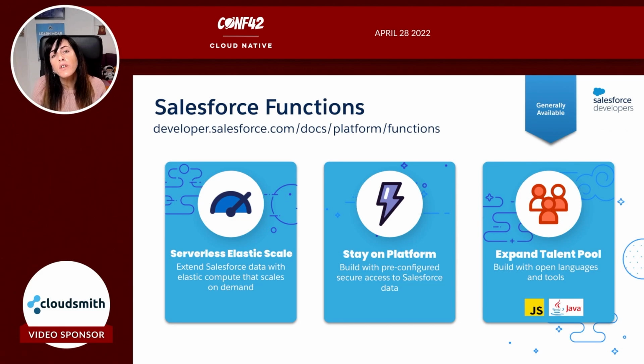What else is special about Salesforce functions? Well, first of all, Salesforce functions run within the Salesforce trusted boundary. This means that from a function, you are going to be able to work with Salesforce data, Salesforce records as your accounts or your leads or whatever data you are storing in Salesforce.